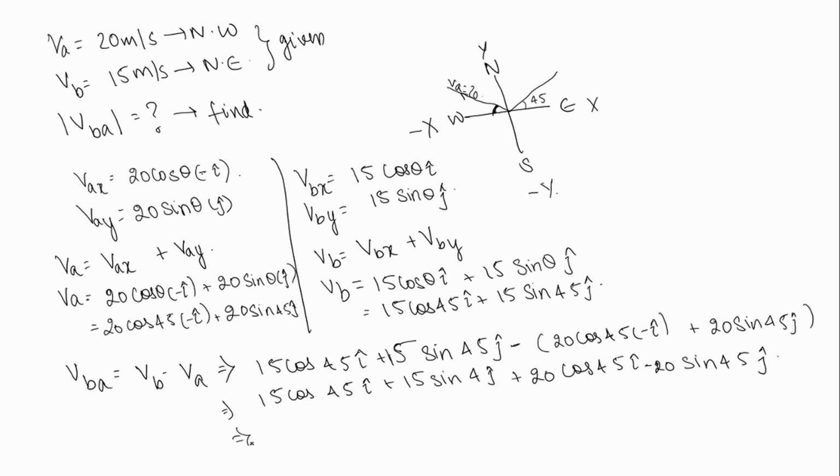So we have the i cap terms: this is the i cap term and this is the other i cap term. So 15 cos 45 i cap plus 20 cos 45 i cap. And now the j cap terms, that is 15 sin 45 j cap minus 20 sin 45 j cap.